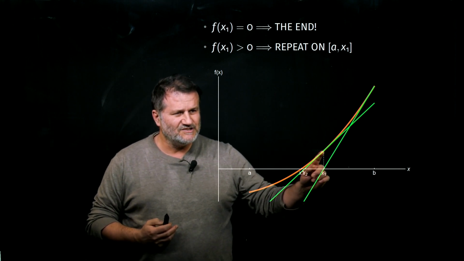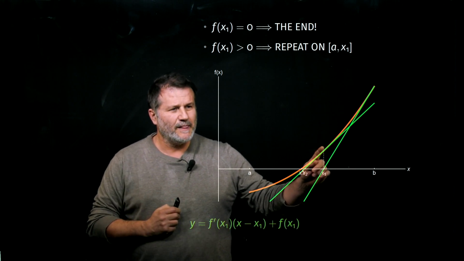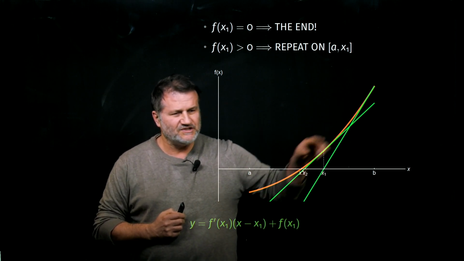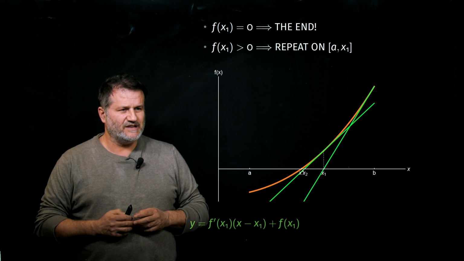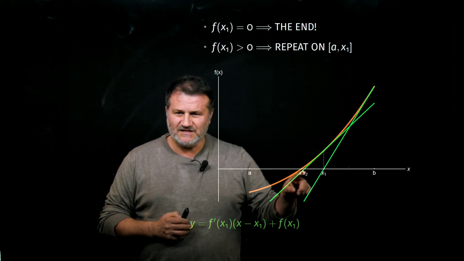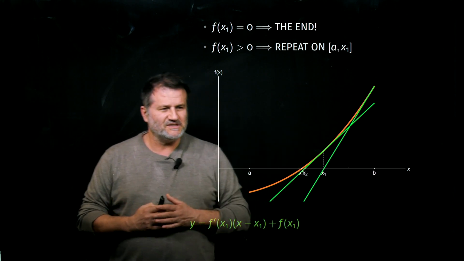We take the tangent to the graph of f at point (x1, f(x1)), which has this equation, and we know that this tangent, green, is still above the orange line, which is the graph of the function f. So this means that when the tangent line crosses the axis, the function is still positive, or possibly 0.